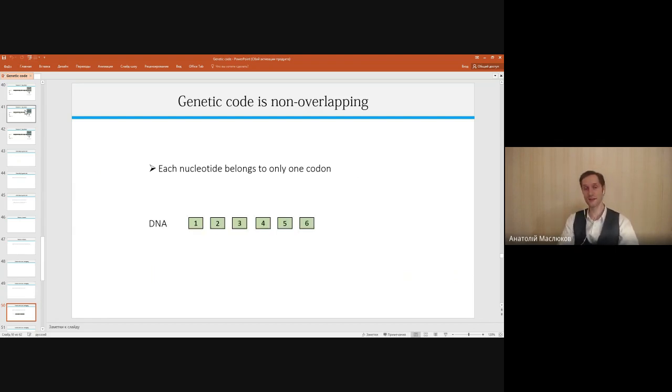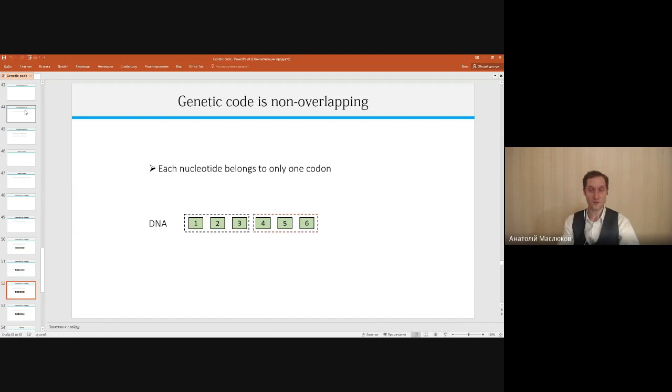Let's look at this sequence of nucleotides in the DNA. You see here a triplet, let's say this will be triplet 1 and triplet 2. And these two triplets go one by one, and we should read them with the help of reading frames presented here in black and red color.